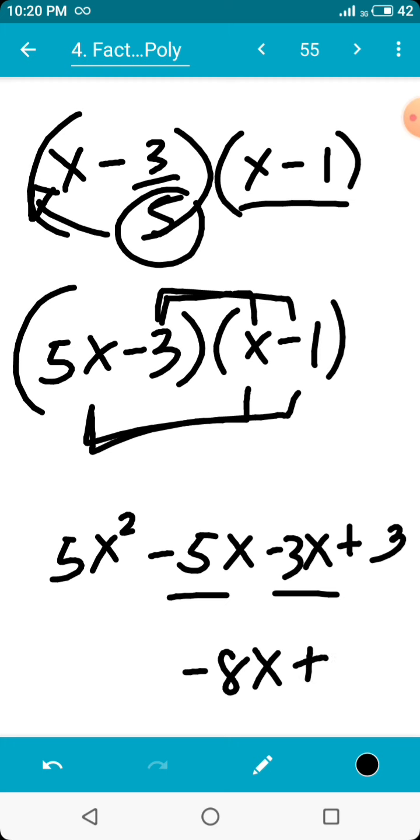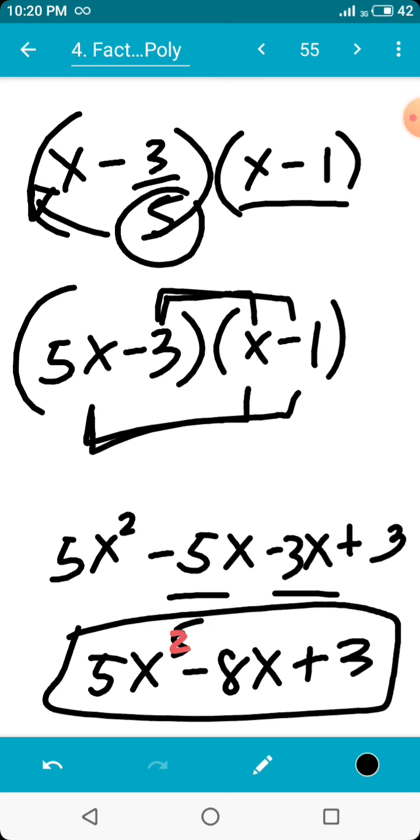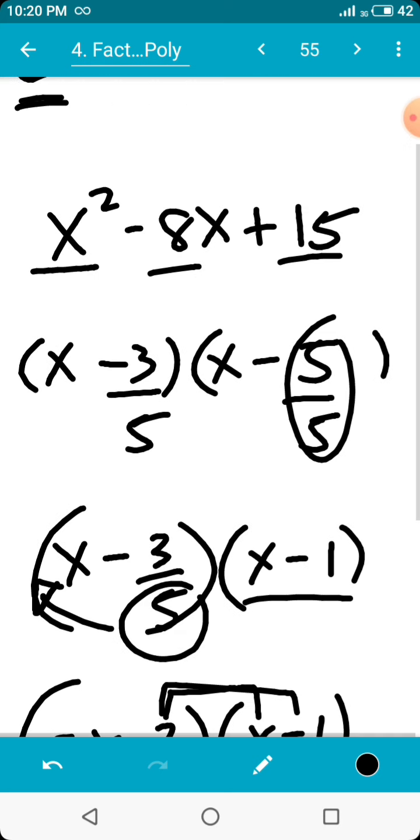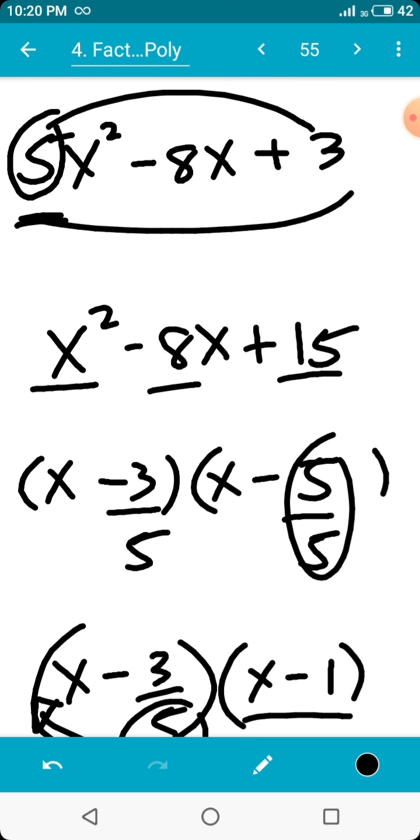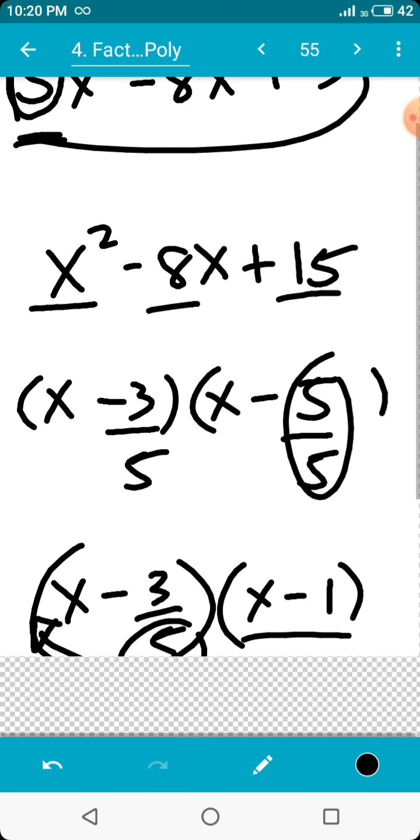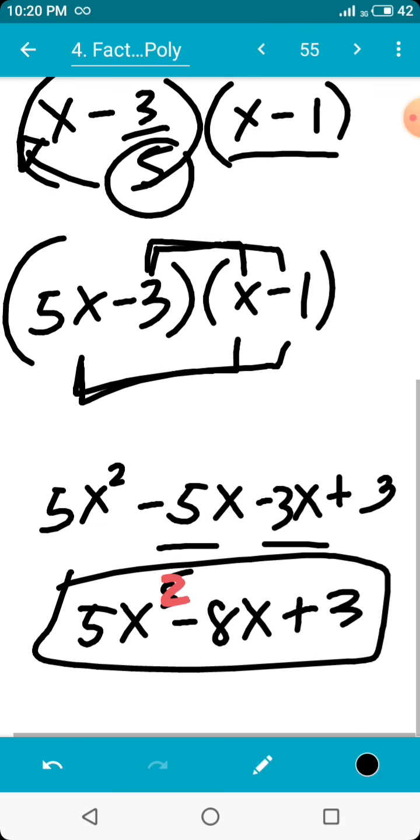Then, bring down positive 3 and 5x squared. So, ito yung product niya, which is same naman nung ating trinomials. So, ibig sabihin, tama ang ating factors na nakuha, which is 5x minus 3 at saka x minus 1. Okay?